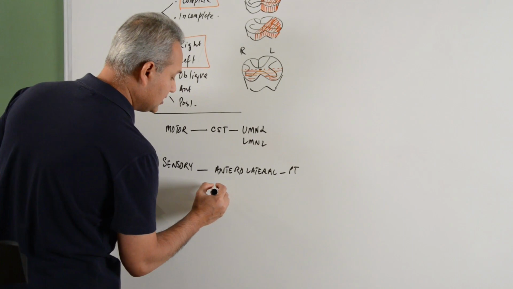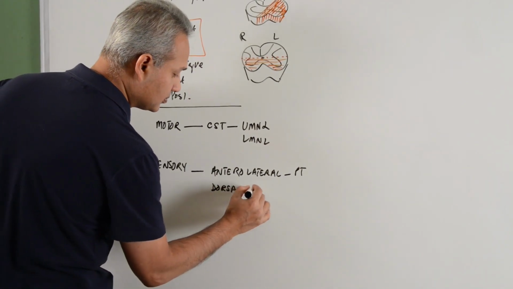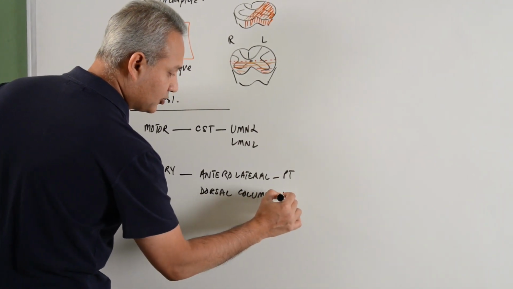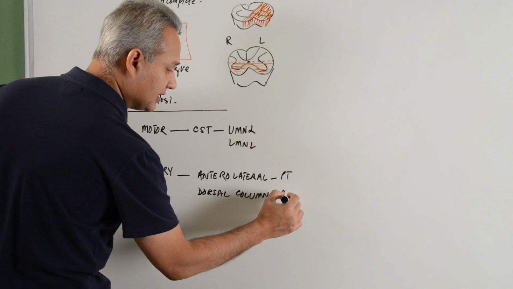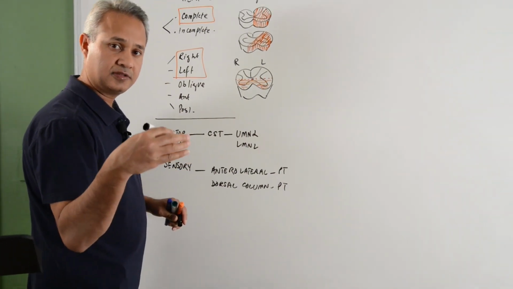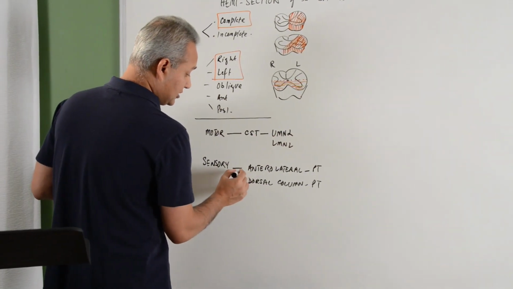Then is the dorsal column, or the tract for proprioception and the two-point discrimination and vibration and fine touch and pressure. So that is the anterior and dorsal.